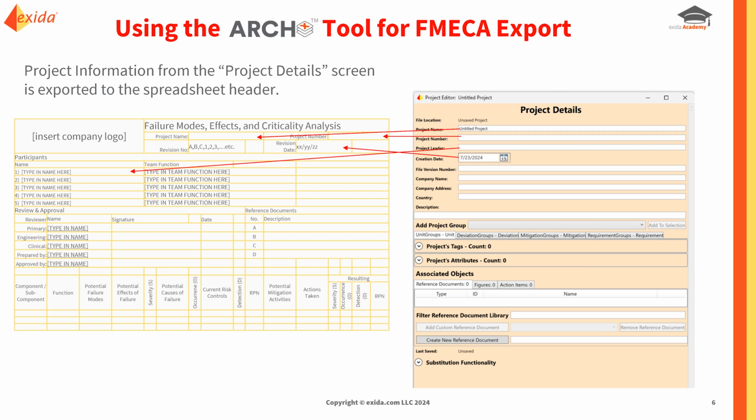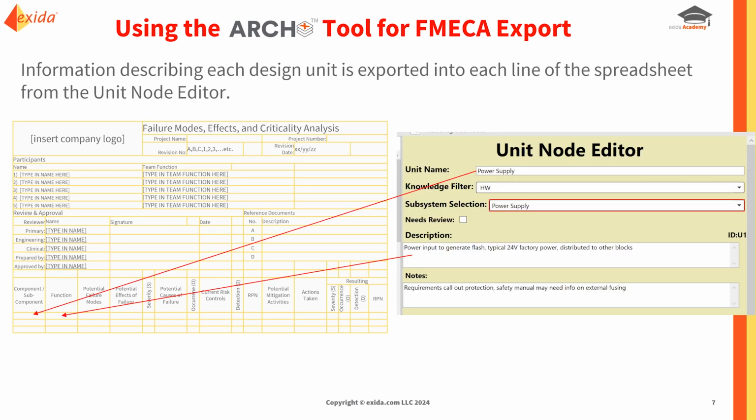Now, how in the world do we convert from OEMX into a spreadsheet? Well, first of all, project detail information entered into the screen is entered into the spreadsheet header. Information describing each design unit is exported into the spreadsheet line.